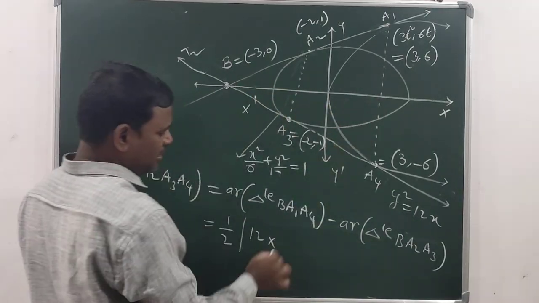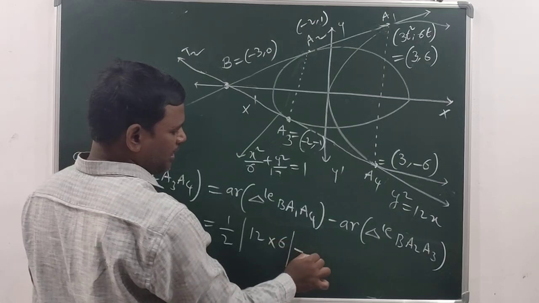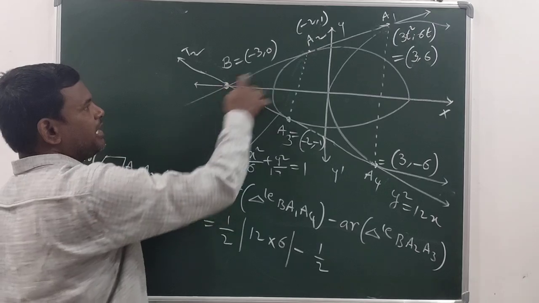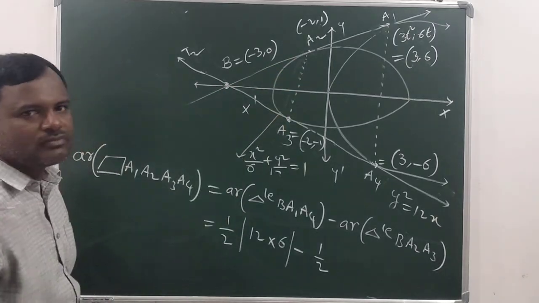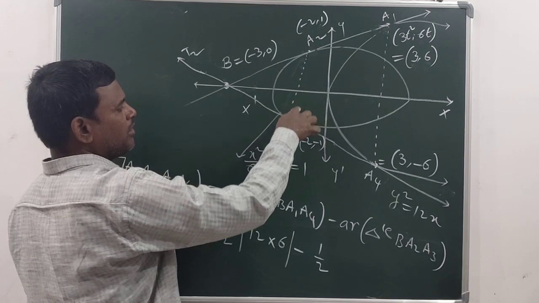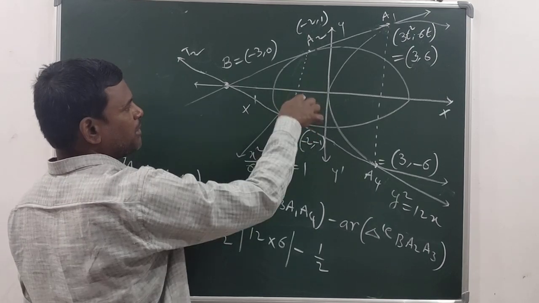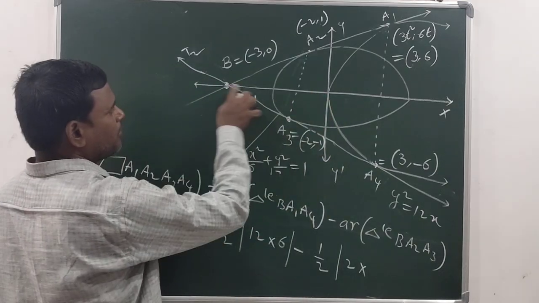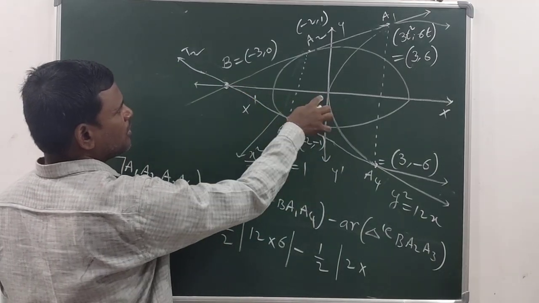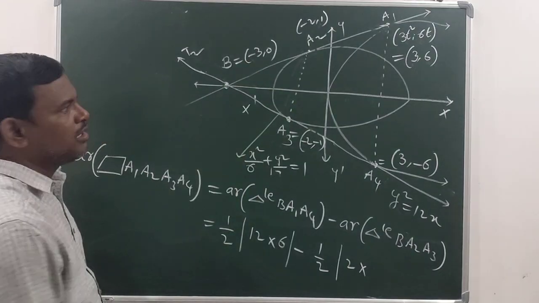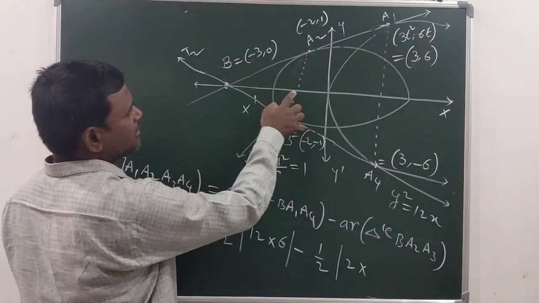3 plus 3, 6, by 2, minus 1 by 2. What is the area of this triangle? So here base value from here to here 1 and 1. So 1 plus 1, 2. Base is 2 and go to the height part from here to here. From here to here. So minus 3. Okay, but we want this length.